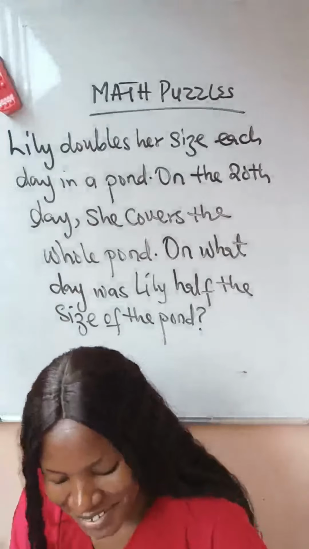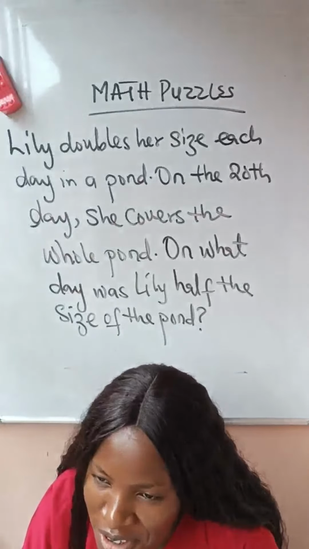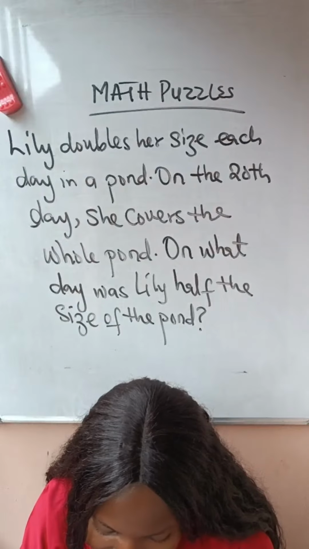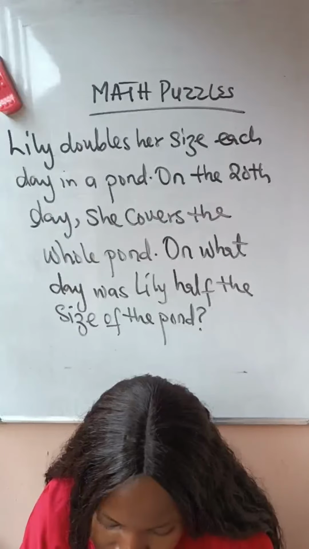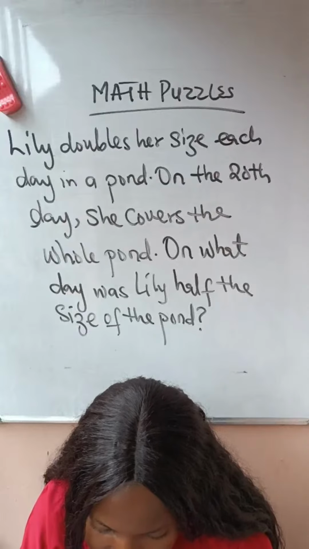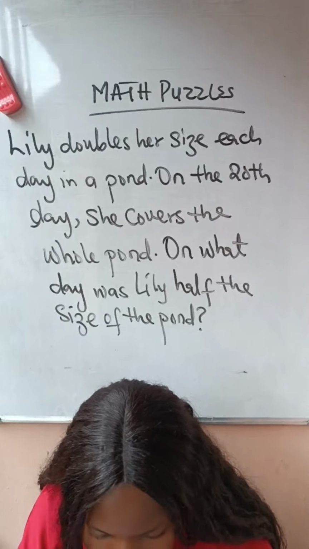Whether Lily is a flower or a human, it's a flower. So Aries is saying second last day, that is 19th day. Jugu is saying 19th. Chelsea is saying 19th day as well.